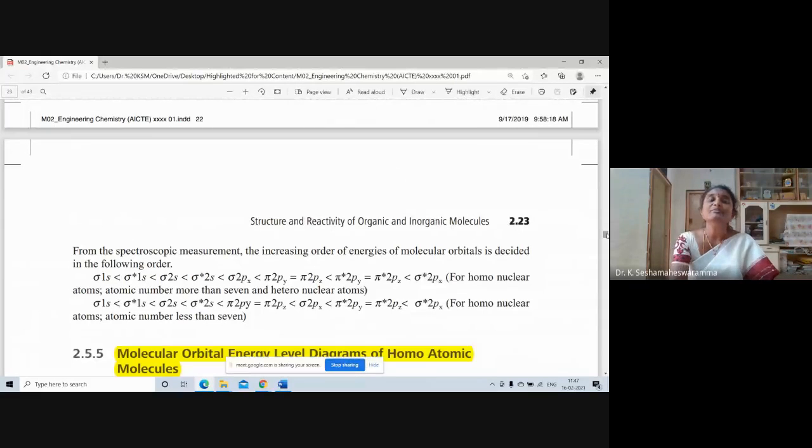Before going to that, the increasing order of energies of the molecular orbitals is decided by spectroscopic measurement.